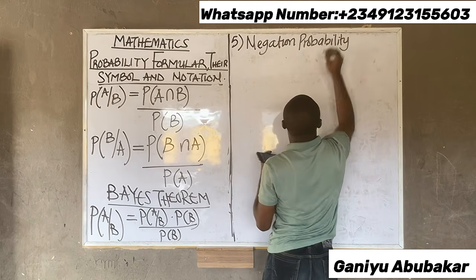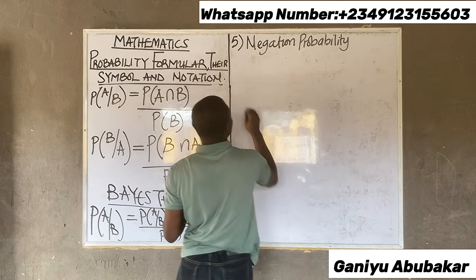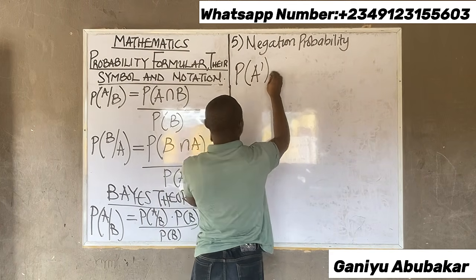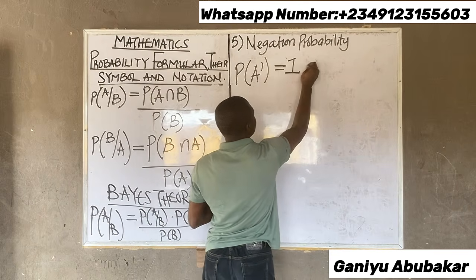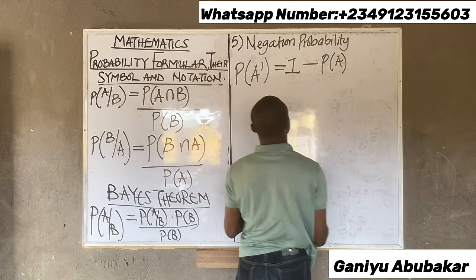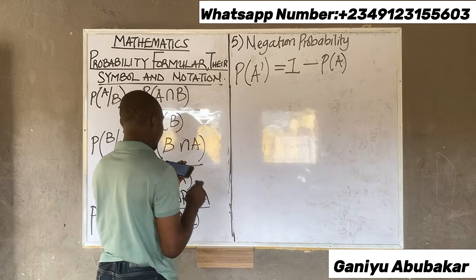All right. This is given by P of A complement is equal to 1 minus P of A. This is what we refer to as negation probability.